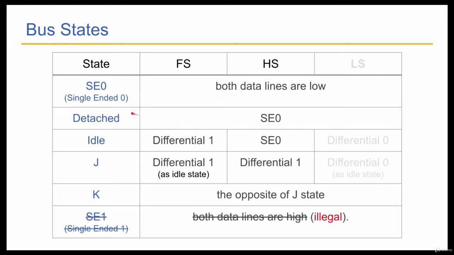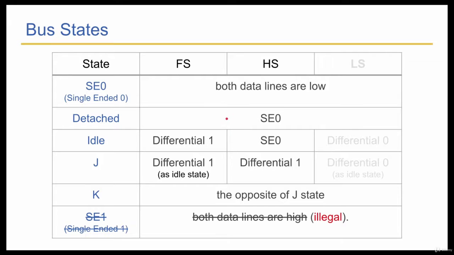Okay, so the second state is detached. Detached state is exactly the same as SE0, so both data lines are pulled down. And what do we mean by detached? This simply means that no USB device is connected to this specific USB port. I'm going to show you soon the schematic of the USB port, and you will see that both data lines D- and D+ are by default pulled down by two resistors at the end near the host.